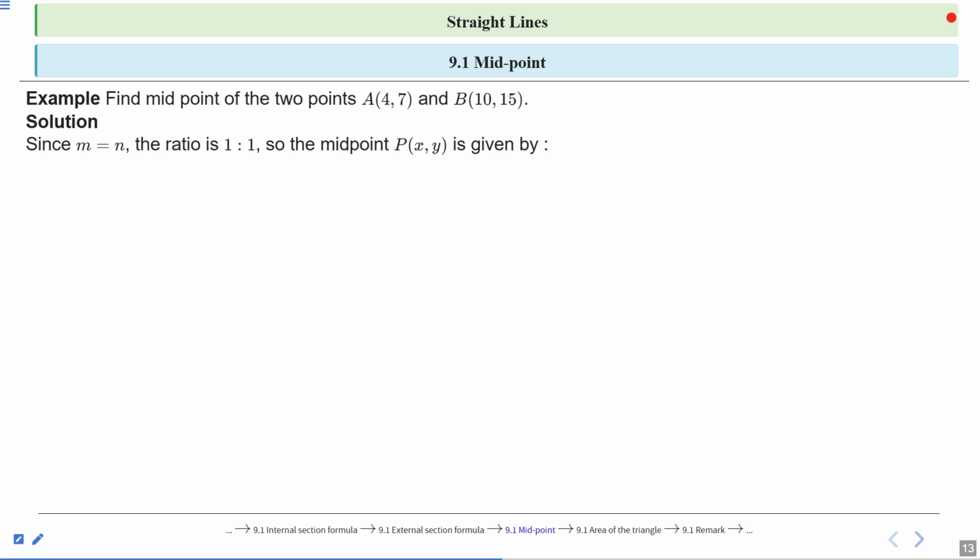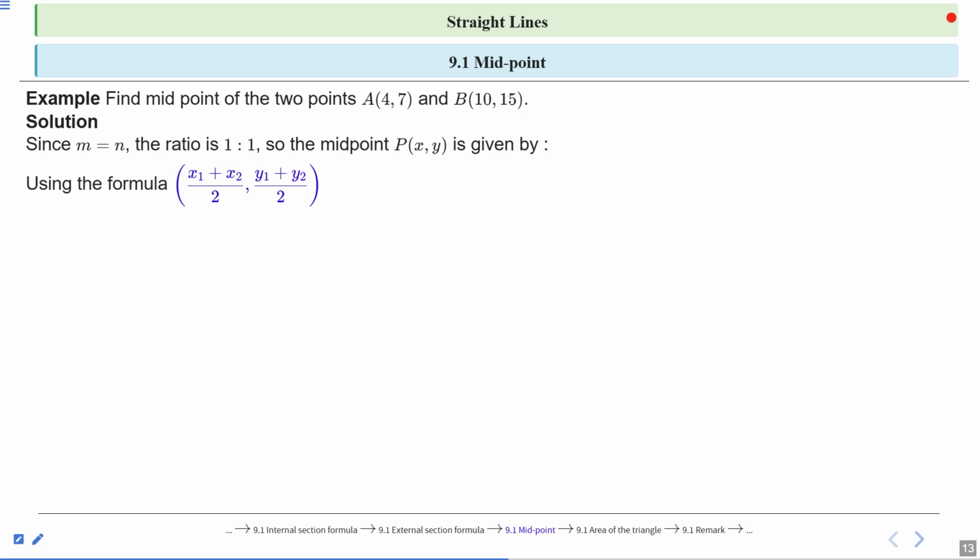So the midpoint P of x comma y is given by the formula x1 plus x2 by 2 comma y1 plus y2 divided by 2, which is the formula for the midpoint of two points.